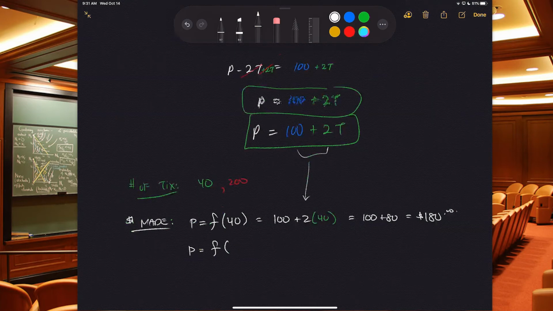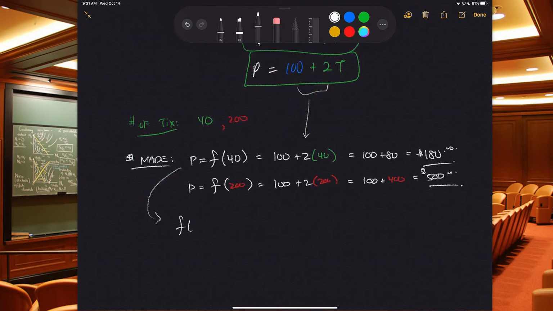Okay, so again, to relate to our previous sections, we see that P equals f of 40 equals 180. P equals f of 200 equals 500. And so as input-output pairs, we know these are really 40, 180.